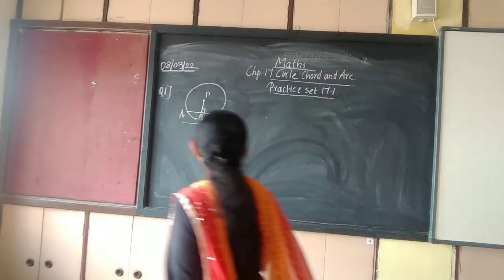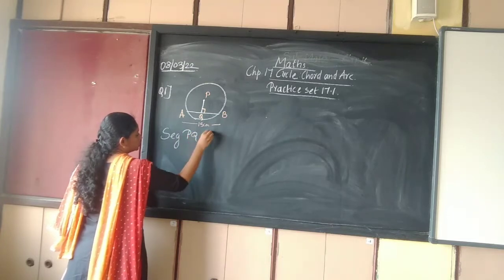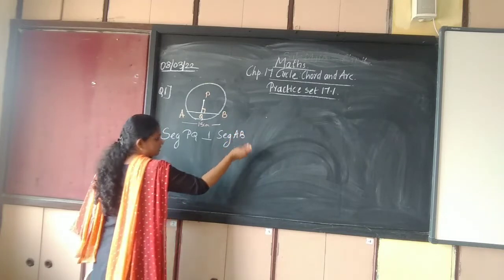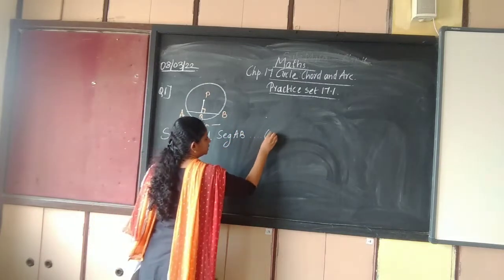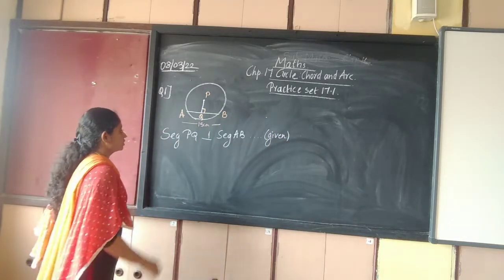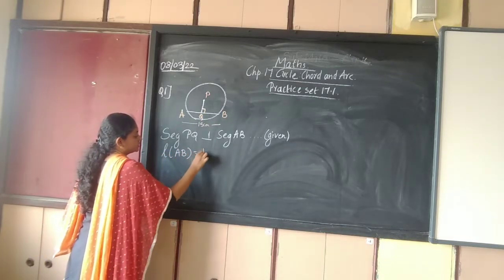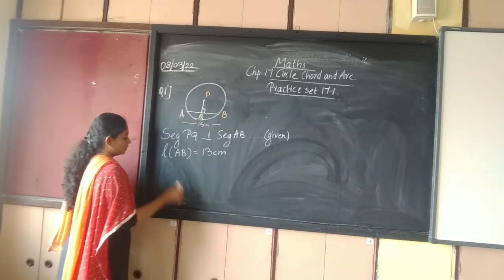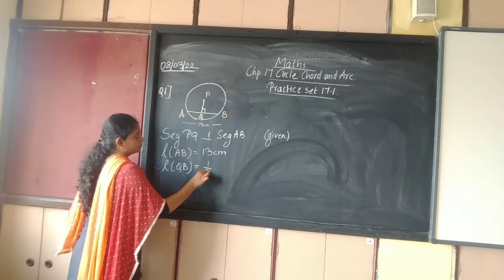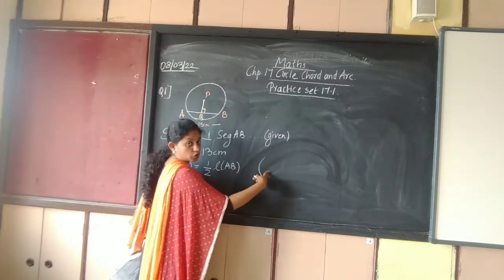So first we have to write down: segment PQ is perpendicular to segment AB. What is the reason we are going to give? That is nothing but given. Next, length AB is given as 13 cm. So therefore length QB is equal to half of length AB. Now why can we say this, half of length AB? That reason you should mention here.